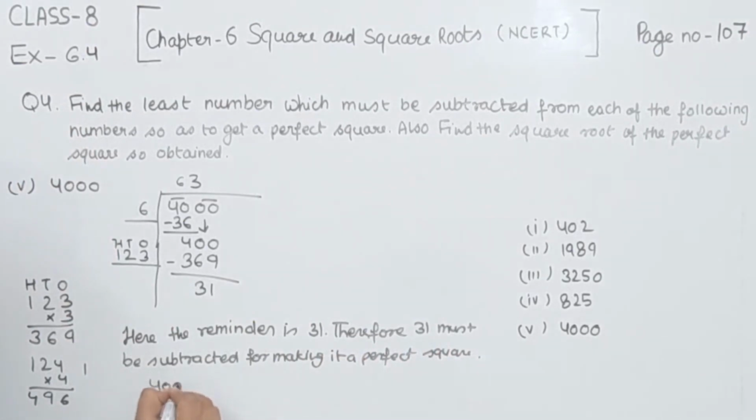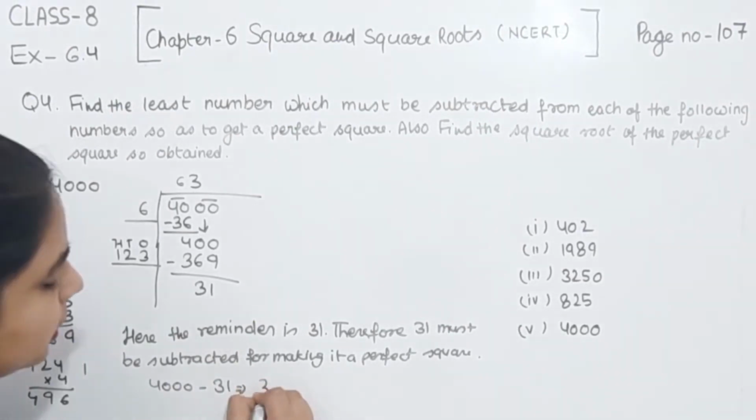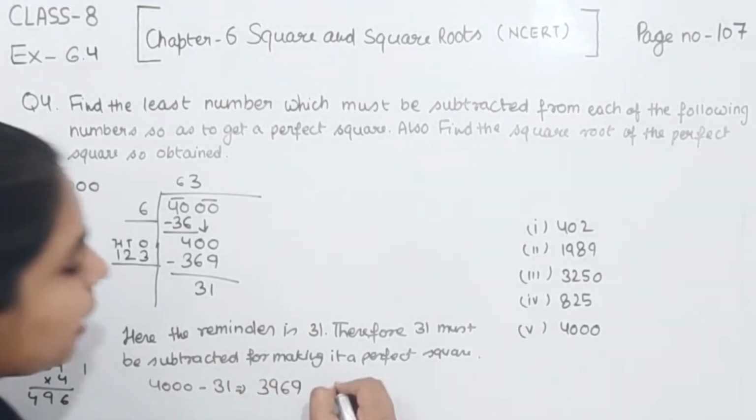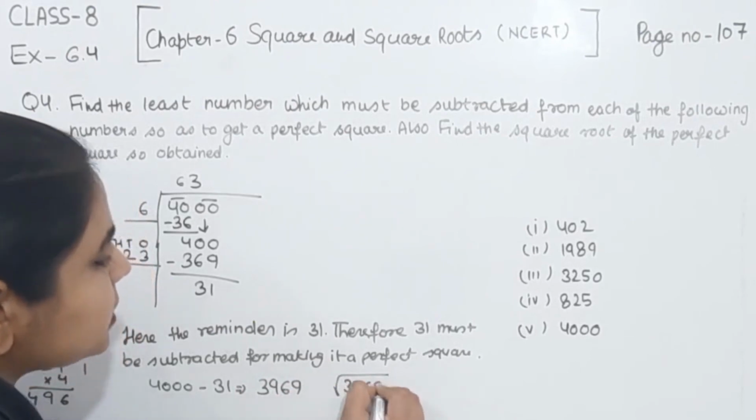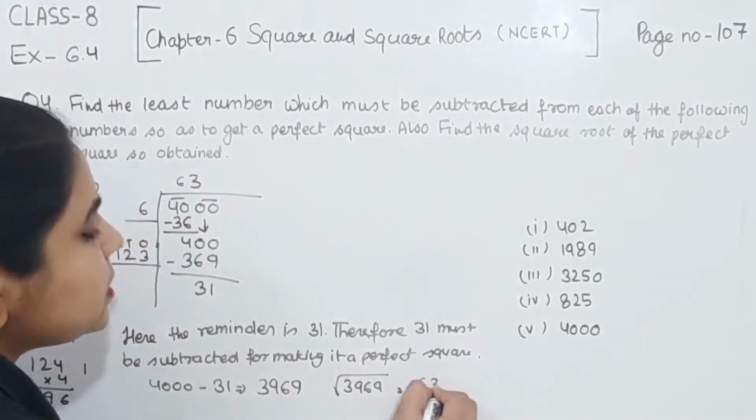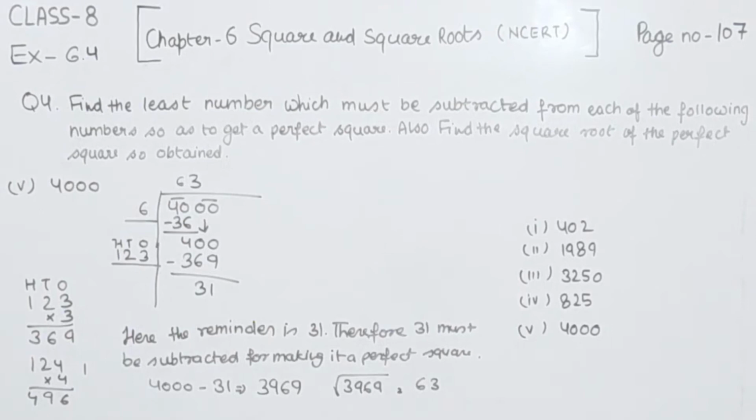So 4000 minus 31, we are going to get the number as 3969. Now root 3969 is equal to 63 we are having. This is part 5.